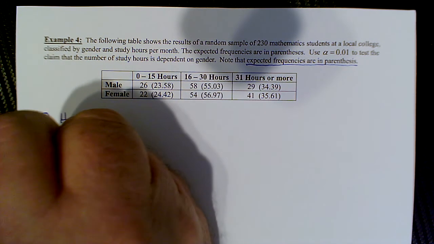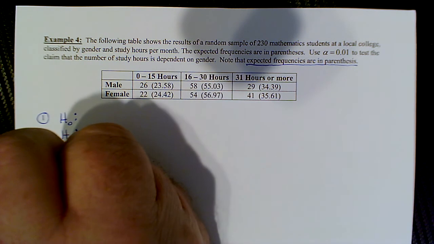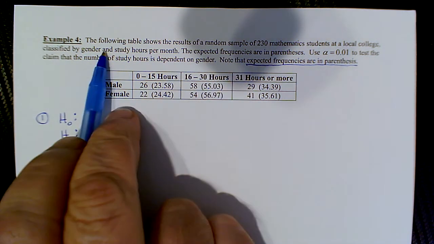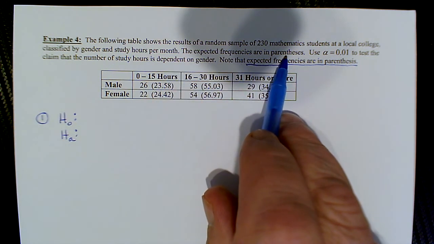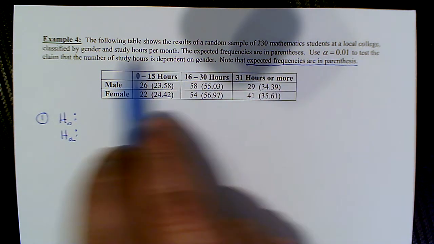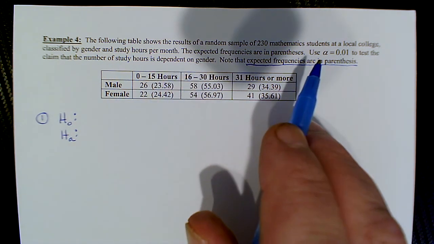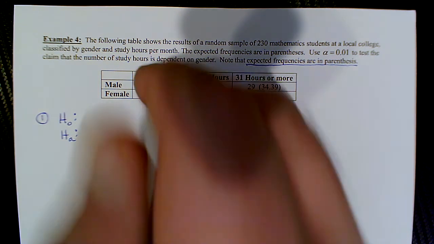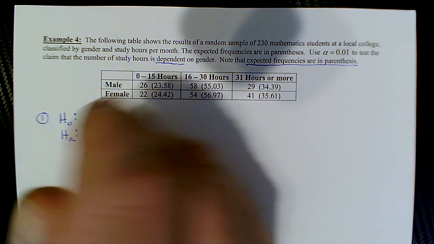So the first step, H0 and HA. Get a sense of what the scenario is. Got 230 math students, gender and study hours. Test the claim that the number of study hours is dependent on gender. So remember, if it's dependent, that's going to go with HA because H0 is independent.